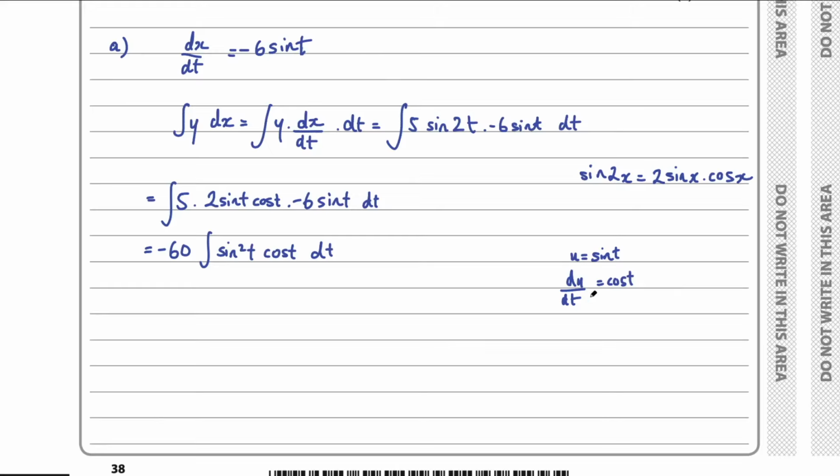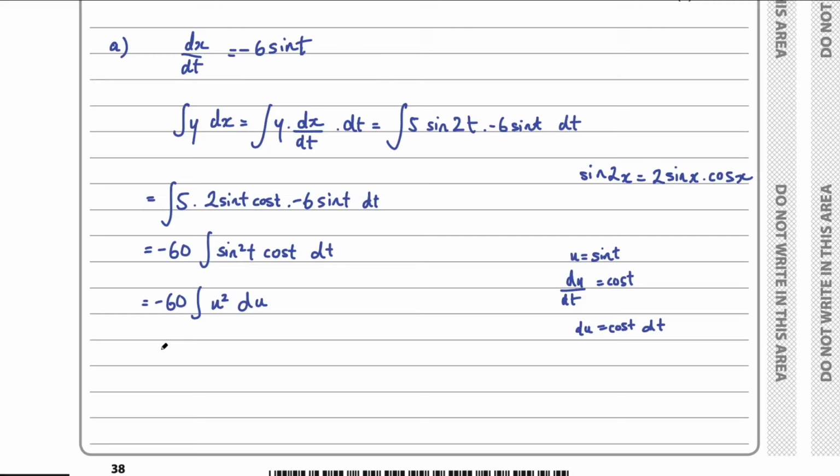So now because the derivative is just cosine t, we can rearrange this to say that du equals cosine t times dt, which is this function on the end. So then this becomes negative 60 multiplied by the integral of u squared multiplied by du. And we know how to take that integral using the power rule. So we add 1 to the power and also divide by that power.